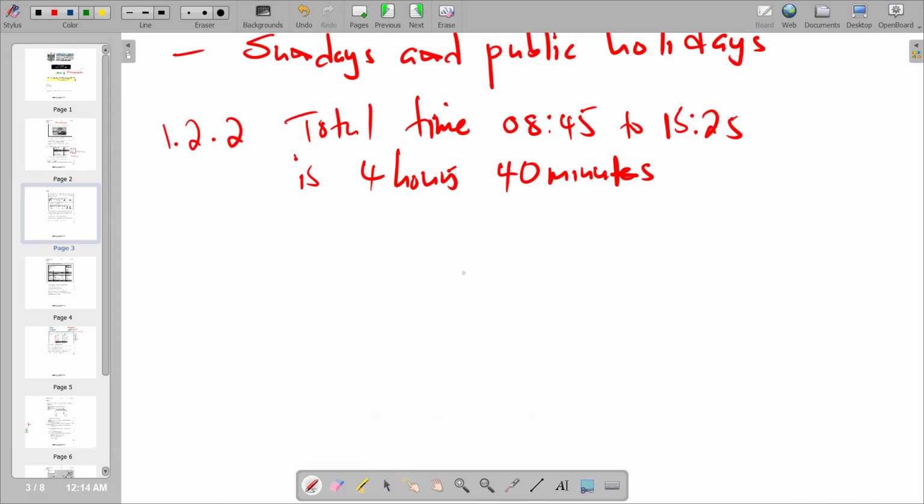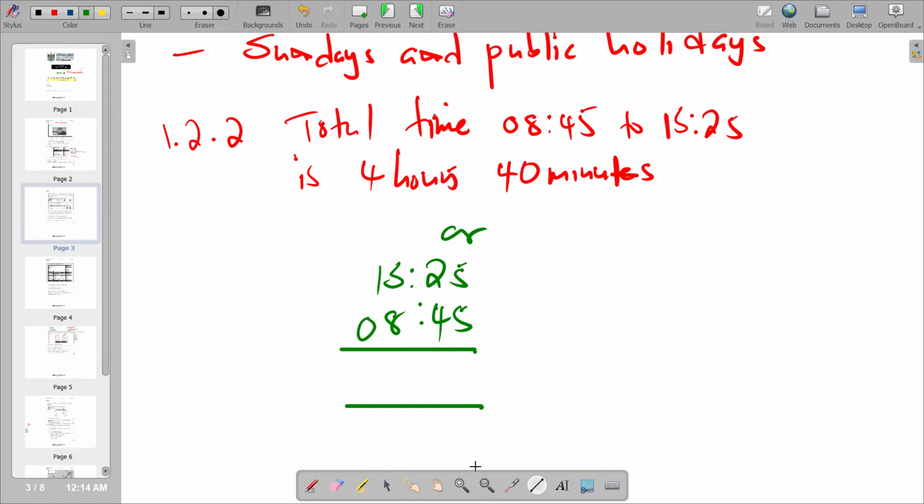Or alternatively, you can make a calculation. This is another option. Remember, it's from 8:45 to 13:25, so we put 13:25 on top and 8:45 below. If you subtract, you see that 25 is smaller than 45, so 25 minus 45 won't give a positive answer.